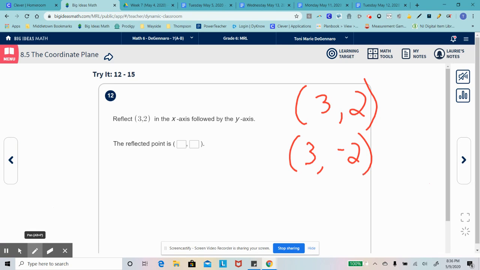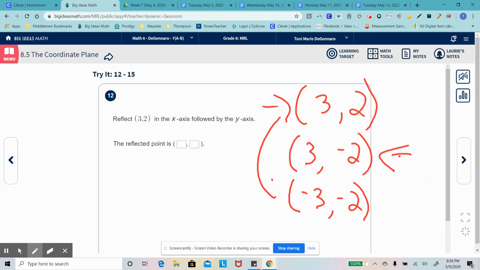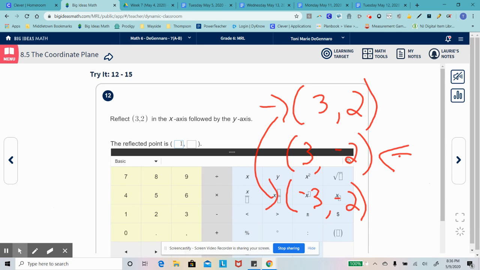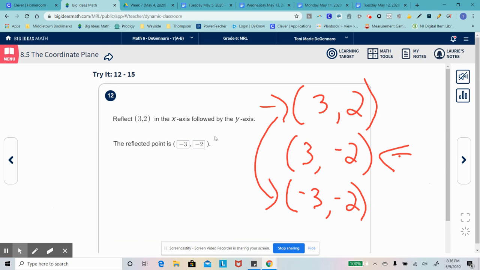Then if it says followed by the y-axis, you go from this point and just change the x, which means you're only changing the x. And if you remember what I just said before, when you go down here, it's just the opposite of both. So just be careful because sometimes they want you to separate it. But if they're not asking, you can go directly to changing the opposite of both of them right away.